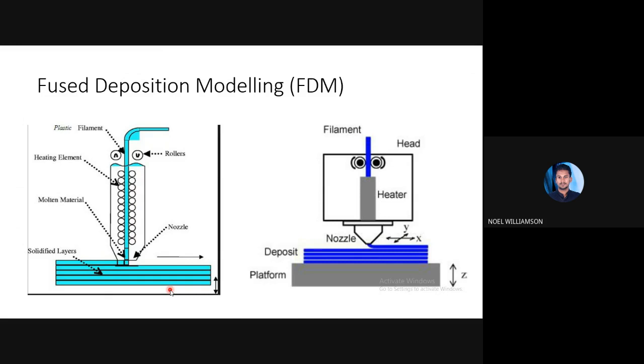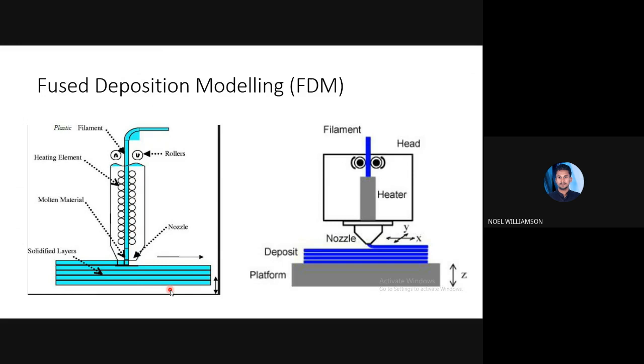Later we analyze it layer by layer. For each layer there will be a figure. Analyzing that, it is given to the particular machine, the fused deposition modeling machine in this case.